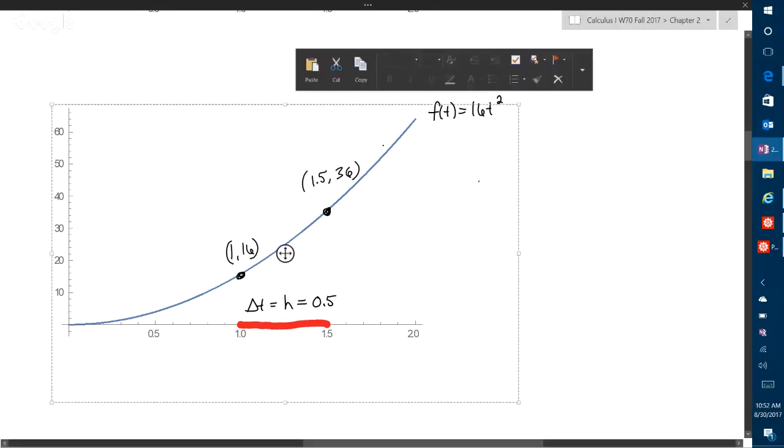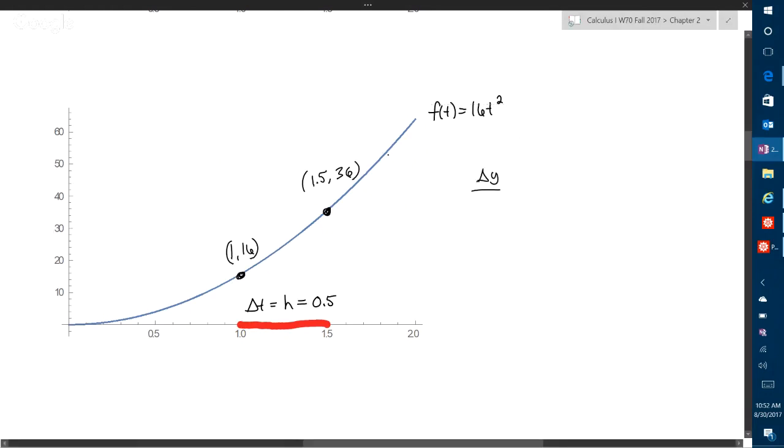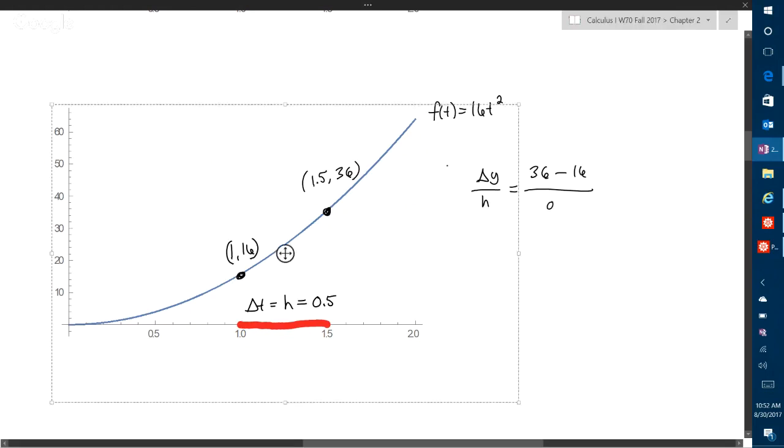Okay, so once again, the change in y divided by h. 36 minus 16, all divided by, in this case, 0.5. The length of the interval is 0.5. So take 36 minus 16 and divide that by 0.5.